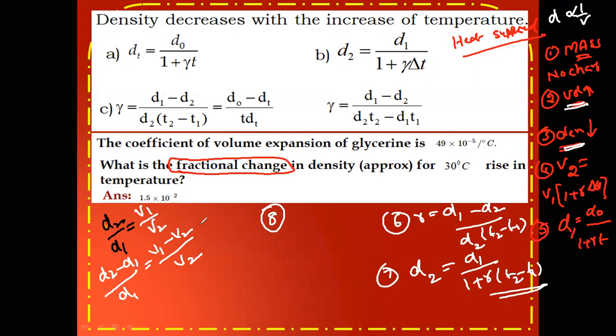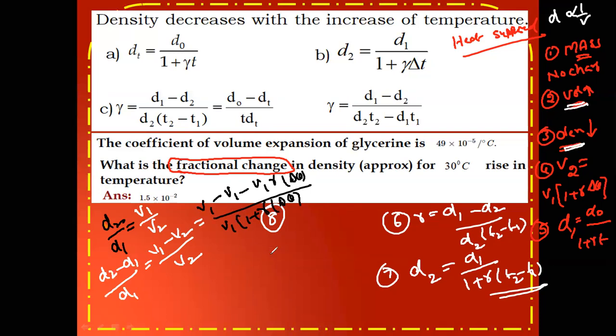So this is equal to, what is the value of v1? v1 only, minus v2 here. Just apply the formula. You will get minus v1 into gamma into delta theta by v2. v2 is equal to v1 into 1 plus gamma into delta theta.